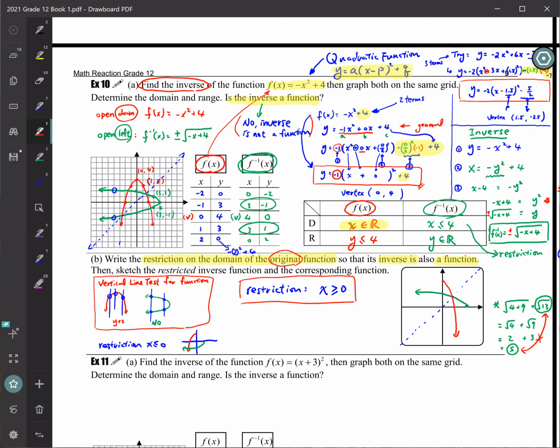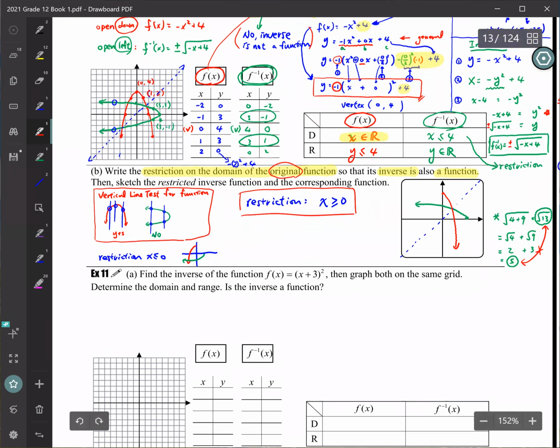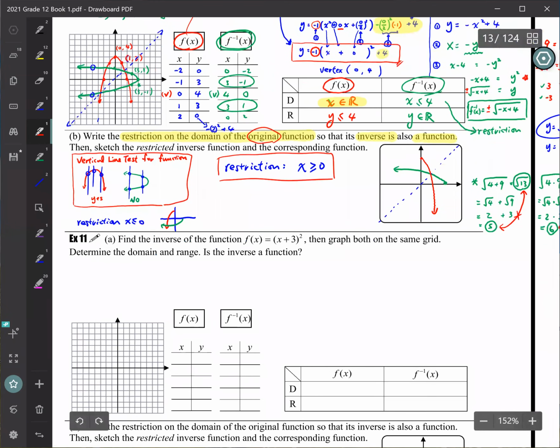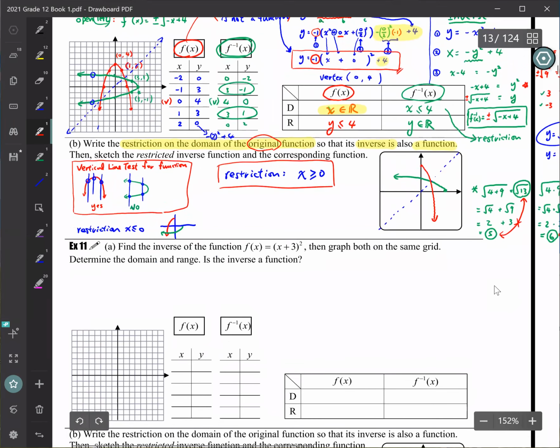Okay, let's look at question 11 now. We're going to carry out the same thing again, but this time it will be a little bit faster, because before we had to review how to get APQ. So let's take a look at question 11. This time I'll let you figure out the graph of the original by yourself.